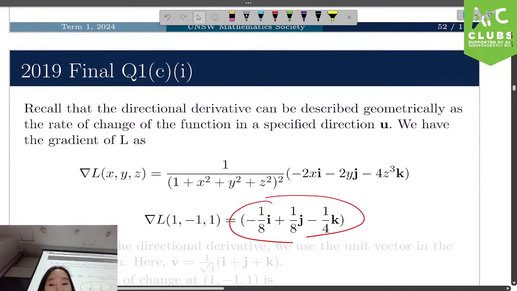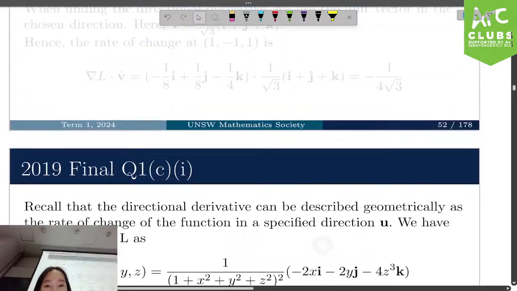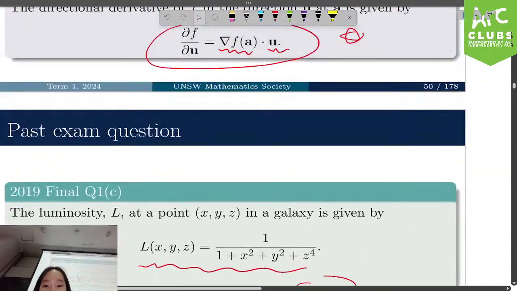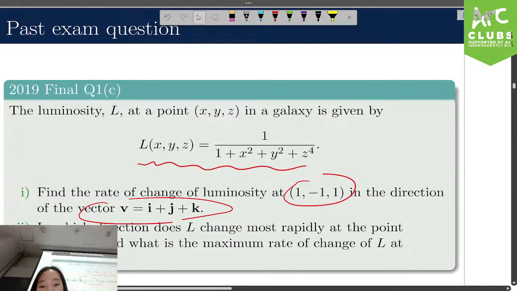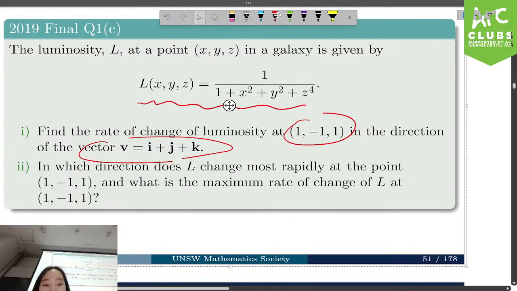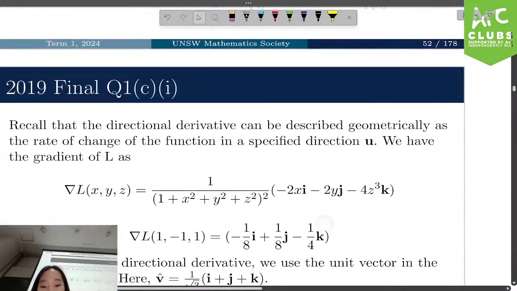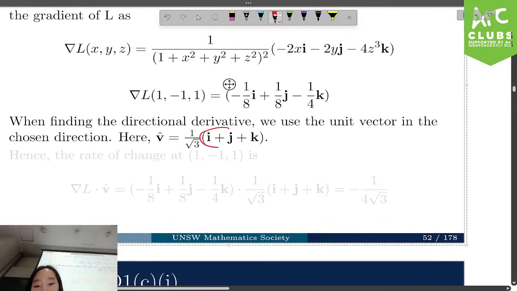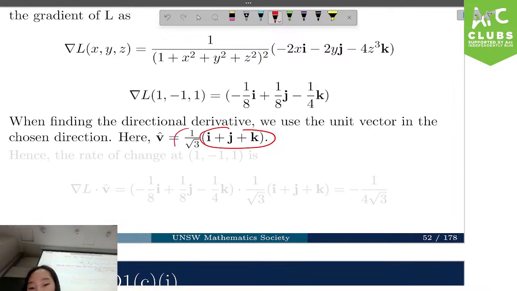So we have our nabla L. And how do we find the directional derivative? We need our unit vector. So how do you find a unit vector? In the direction of the vector (1, 1, 1), our unit vector will simply be (1, 1, 1), but don't forget, we have to divide the vector by its magnitude, so it will be 1/√3.